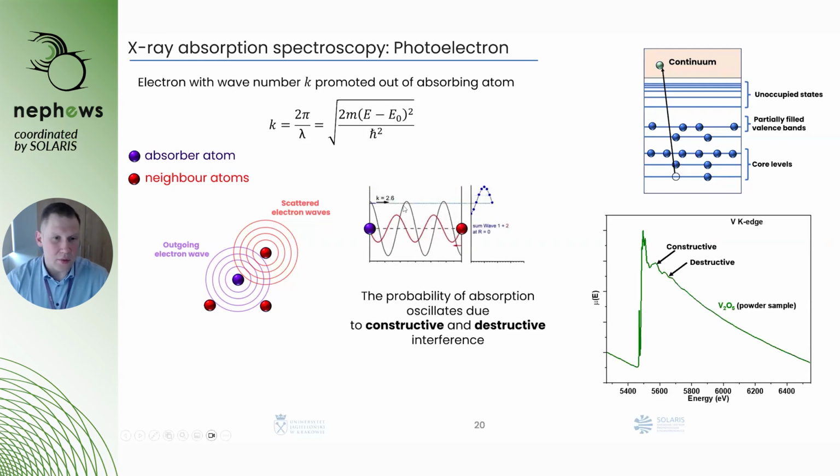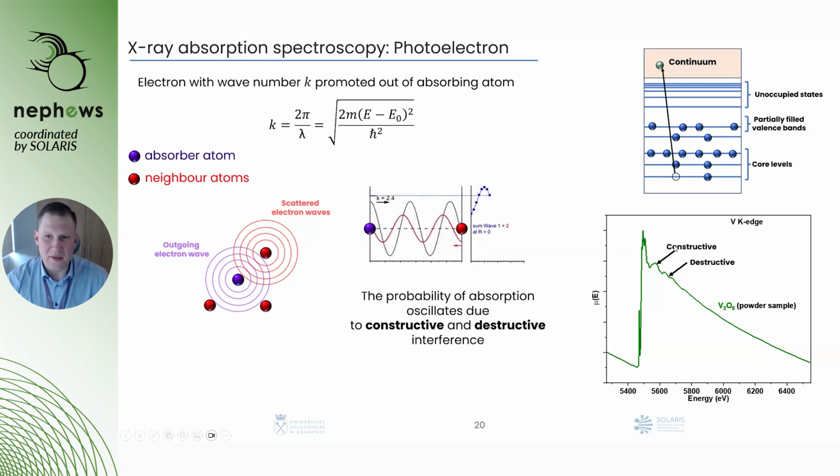And taking into account that the distance between the atoms does not change during the measurement, by changing the wave number of the outgoing electron wave, we could actually probe the distance between the atoms, because we could analyze where this constructive and destructive interference appear. And here you could see what is going on and how we could investigate this constructive and destructive interference of outgoing and scattered electron wave.